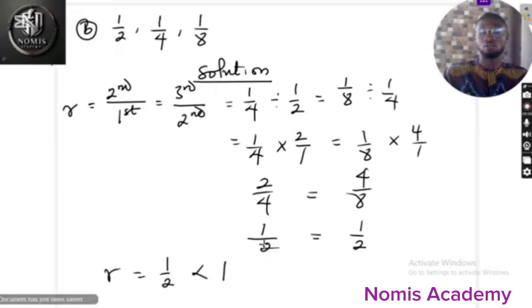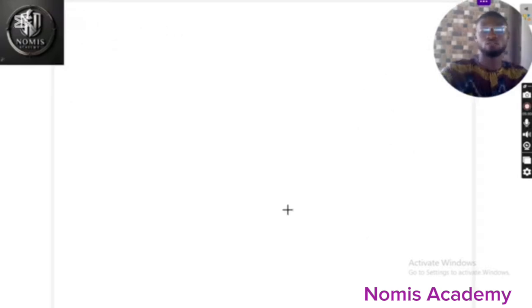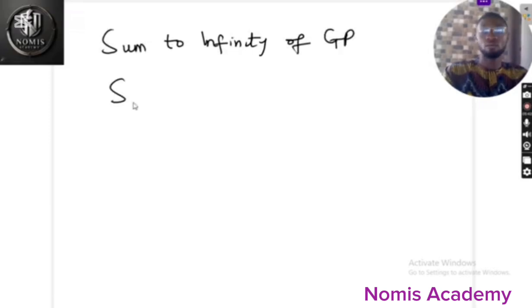Now let us calculate the sum to infinity. Don't forget, the sum to infinity of a GP is given by S to infinity equals a all over 1 minus r. Remember that a is the first term and r is the common ratio.